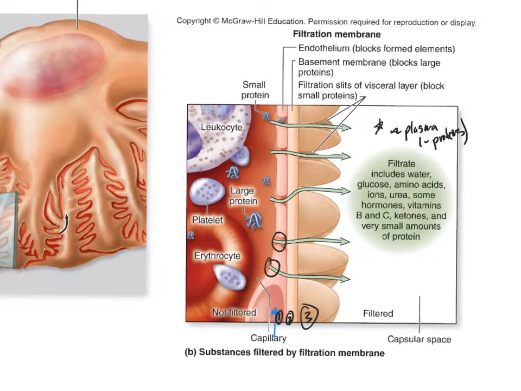Questions on the filtration membrane and what it does and how it works? This is, again, just by size. Size and, to a much lesser degree, charge. Okay, so some negative ions won't pass through. The filtration membrane is negatively charged. Okay?